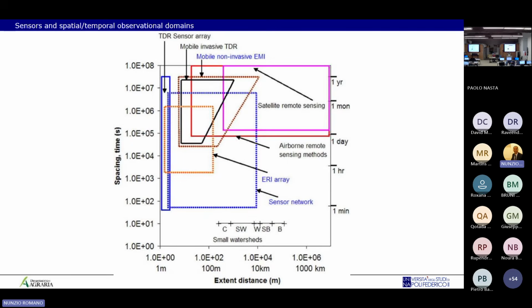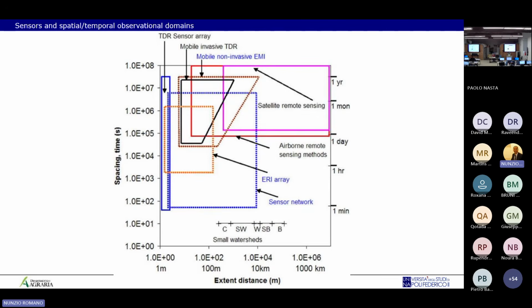So it's important when you design your investigation. I do suggest that it's really very successful if one has the possibility to integrate different kinds of measuring techniques for soil moisture.